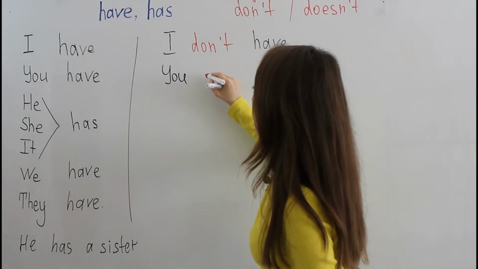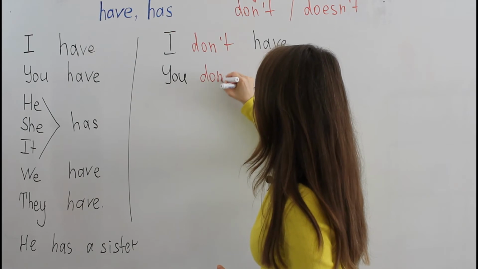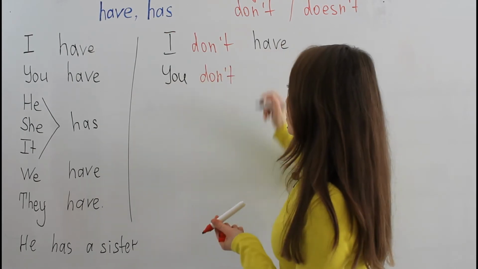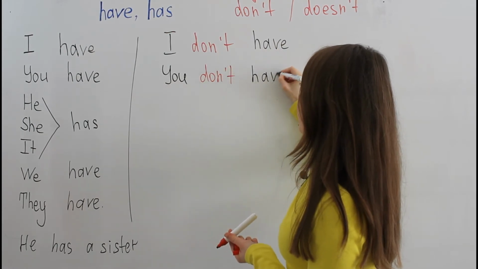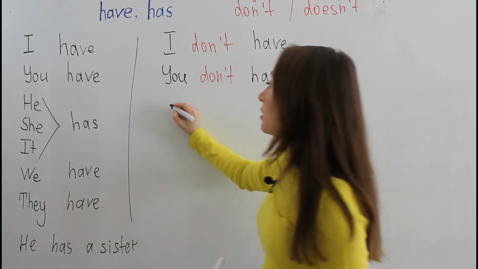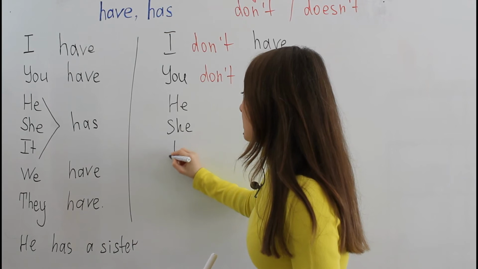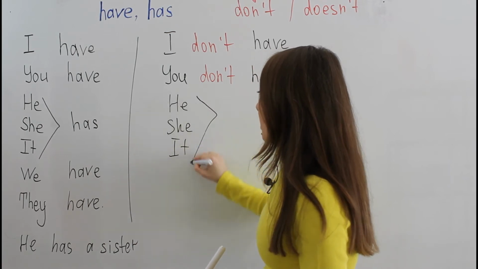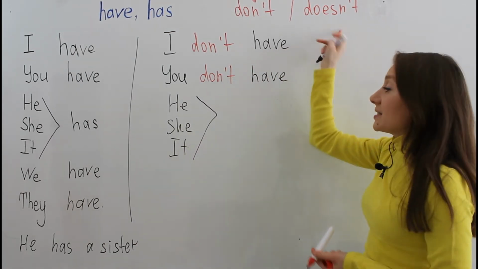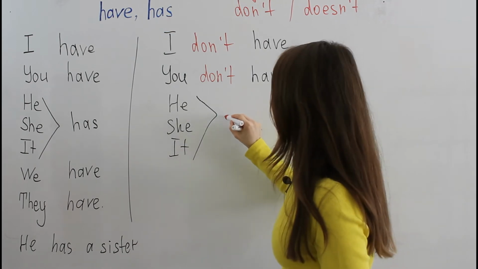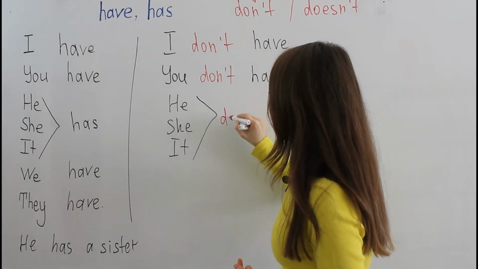Okay, so don't. Next, you. You, the same verb, auxiliary verb, don't have. For he, she, and it, the verb will be doesn't. So it's the same for all these three pronouns.